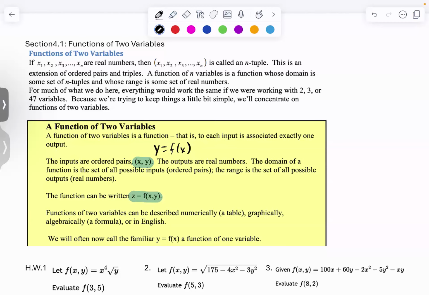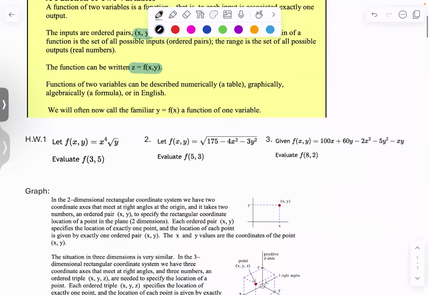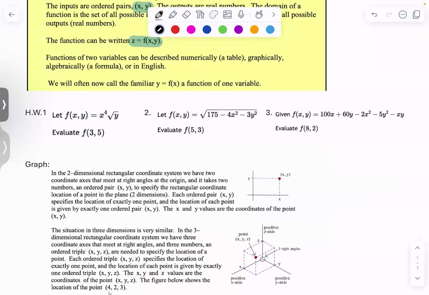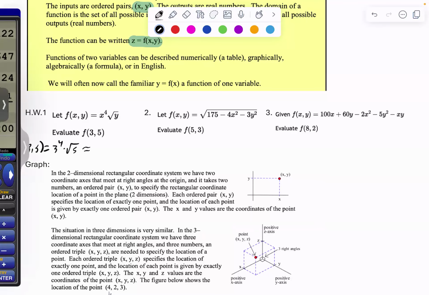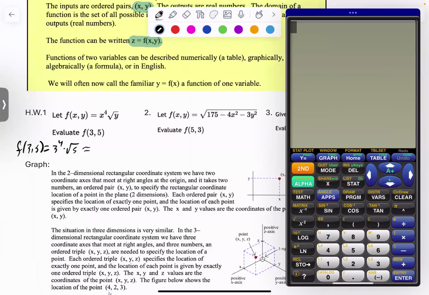And I just want to jump into it. So we are going to evaluate this function at f of 3, 5, meaning when x equals 3 and y equals 5. And we'll get a decimal approximation for that. So let's see, 3 raised to the 4th power times the square root of 5.